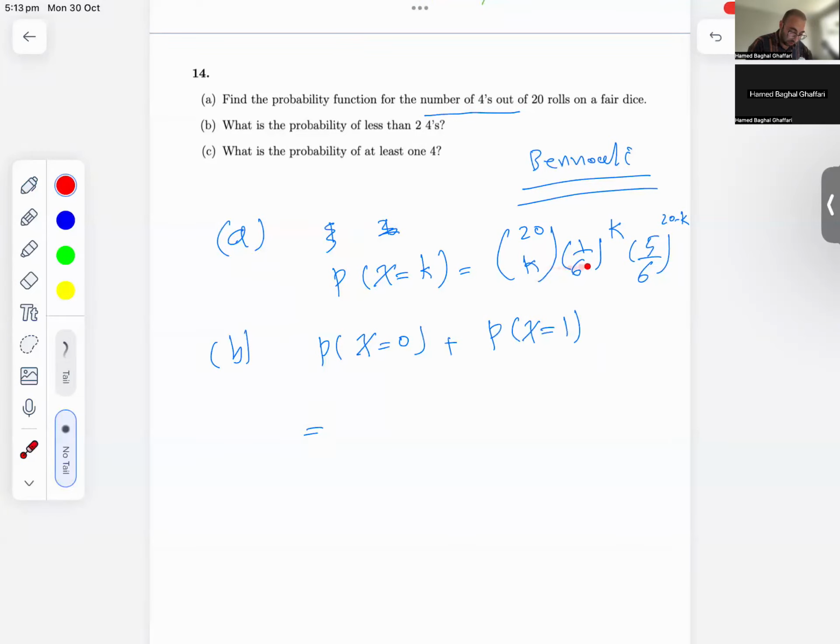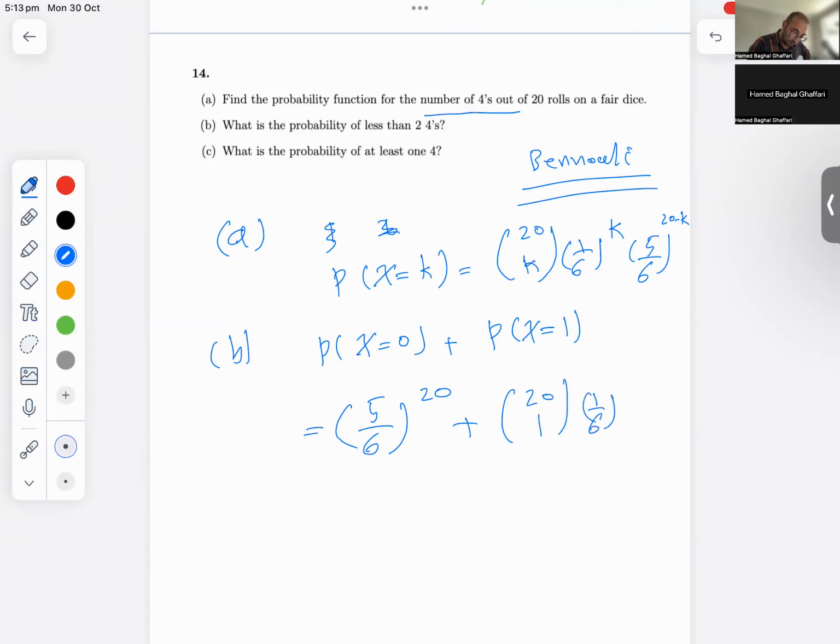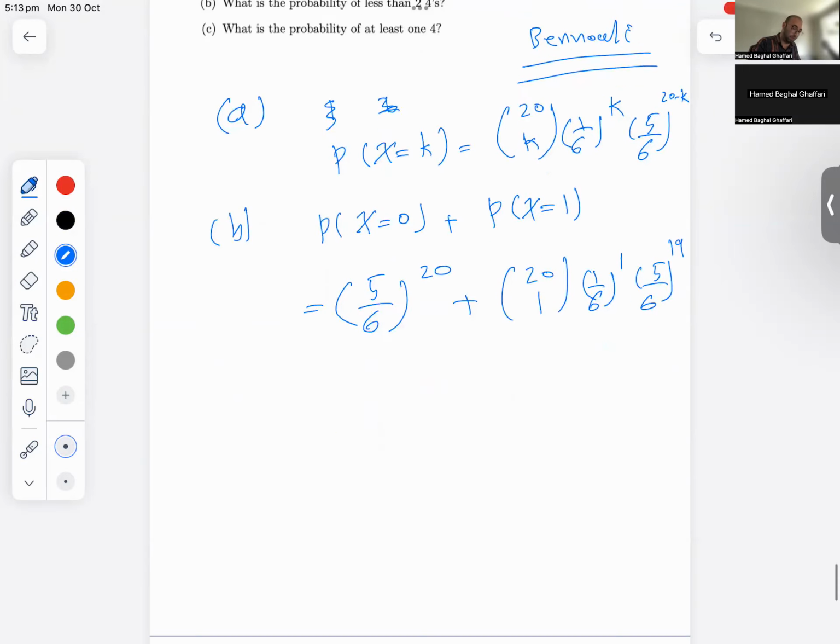So K equals 0 in this scenario, it will be only this one, plus 20 choose 1 times 1/6 to the power 1 and so on. This will be the answer.